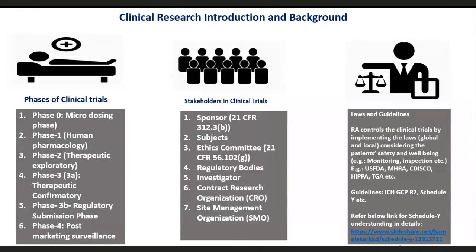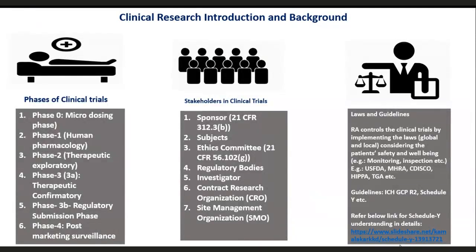So what is the work of regulatory bodies? Regulatory bodies give the approval for any clinical trial. When you submit the data to the regulatory bodies and ethics committee, they see the protocol, investigator brochures and all, and after seeing everything, they approve the trial. If I'm talking about India, there is a lot of discussion in the market.